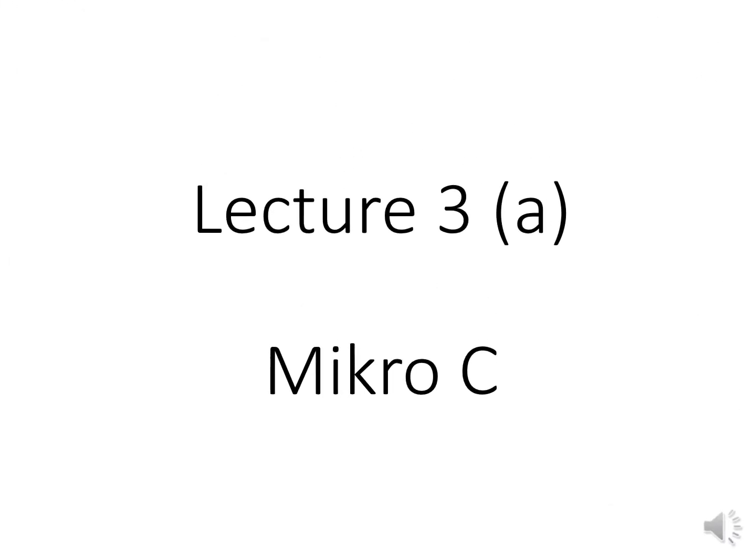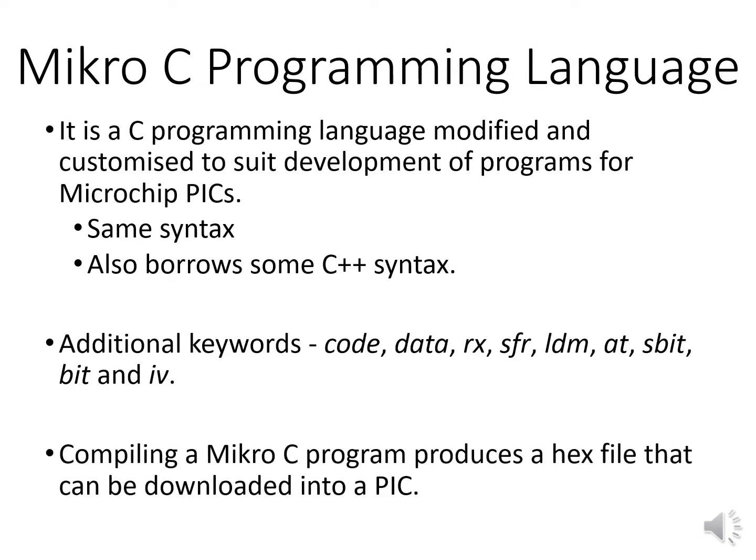The high-level programming language that has been specifically designed to program PICs is Mikro C. Mikro C programming language is essentially standard C programming language that has been customized to suit the development of PIC programs.